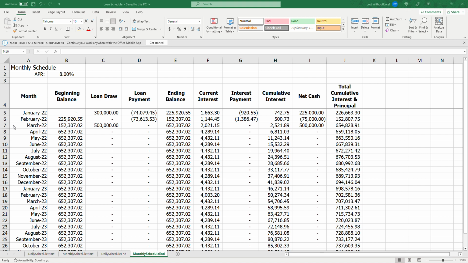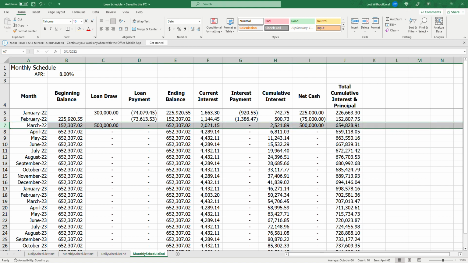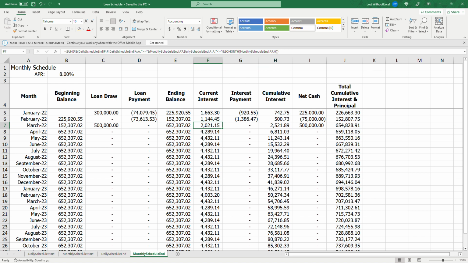In my example with this data, for March of 22, after all of the money back and forth to our parent company, at the end of the month we have $2,021 of interest to book.